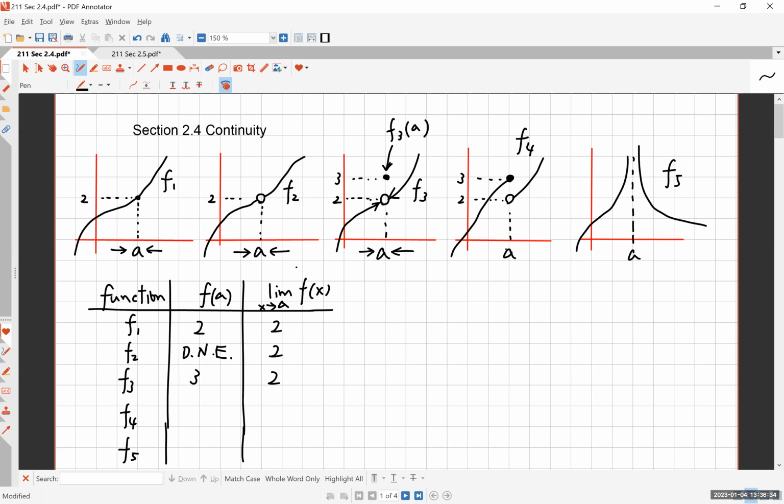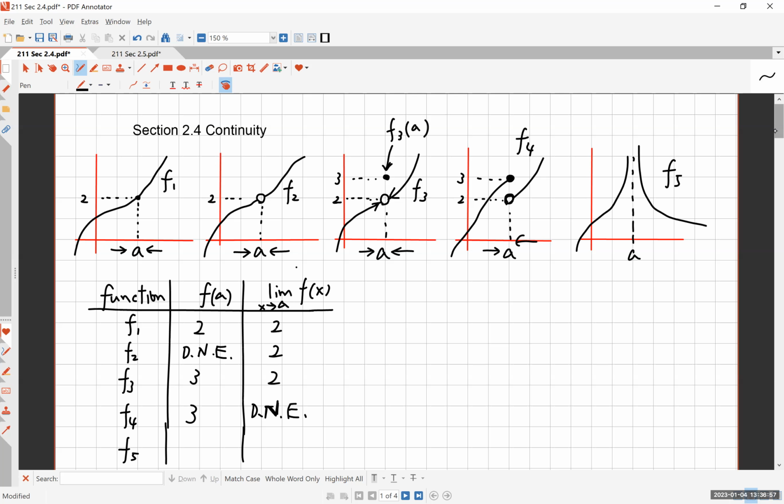For f4, you know what f4(a) is? It's not this open circle, but it's a closed circle. So the answer is 3. Now the limit, you can easily tell does not exist, right? Because the limit from the right is 2, the limit from the left is 3. And so the limit itself does not exist.